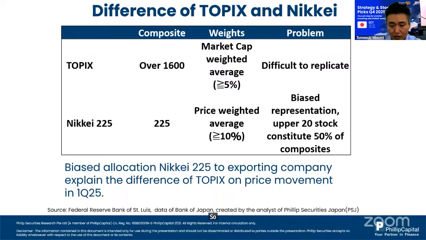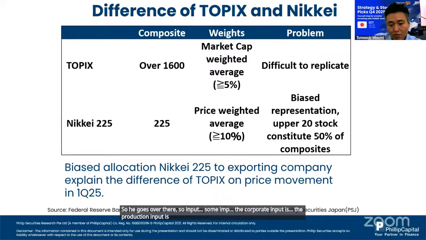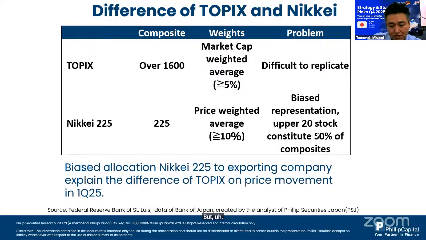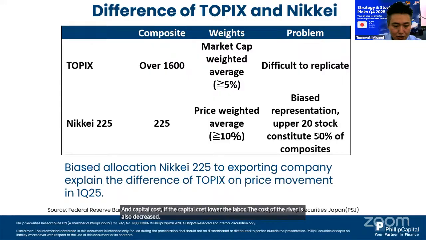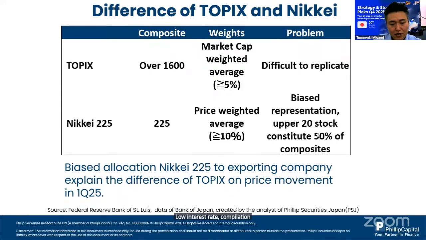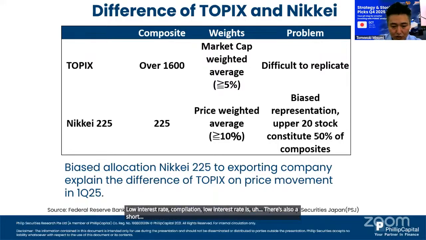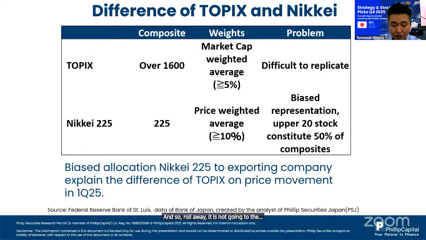The production inputs for corporations are labor and capital. If the capital cost is lower, the cost of labor also decreases. Low interest rates are the source of lower wages, and lower wages lead to smaller consumption.